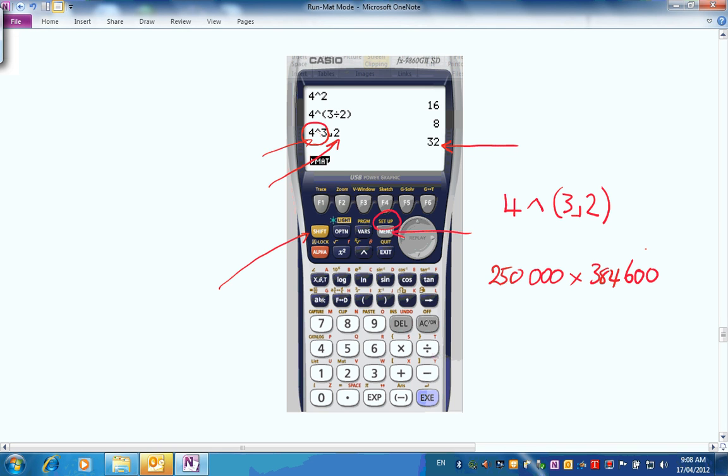Enter the numbers on the keypad, then hit execute, and let's see what we come up with.